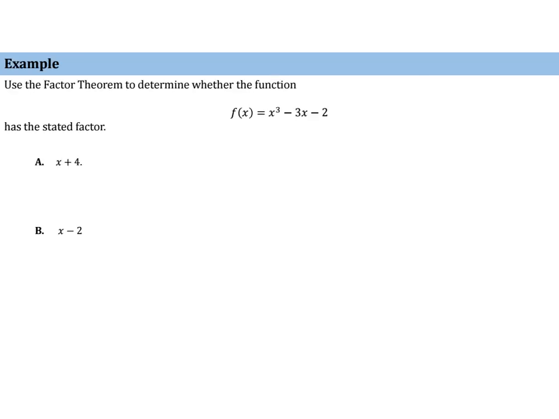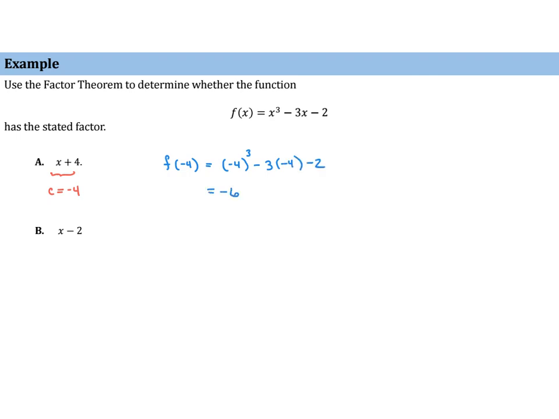So to use the factor theorem here, what we can do is we can go, okay, what's being subtracted from x? And this would mean that c equals negative 4. So f of negative 4 equals the cube of negative 4 minus 3 times negative 4 minus 2.